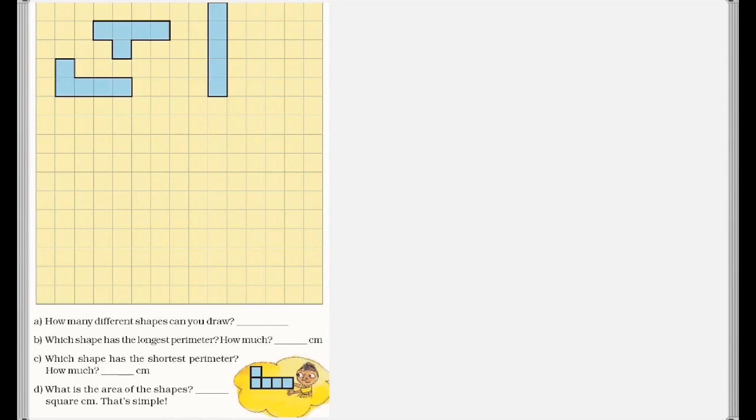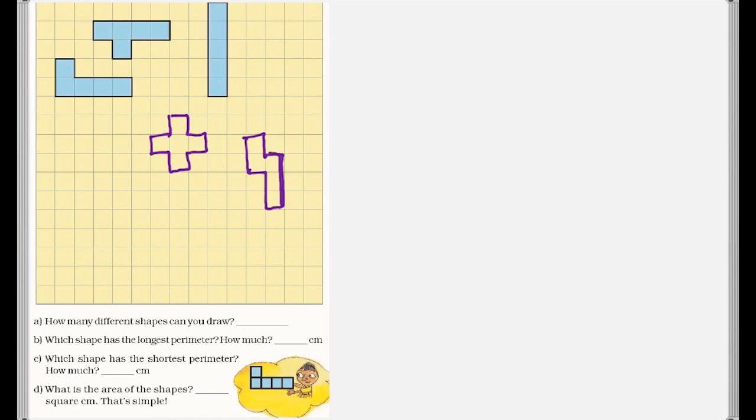So it can be either like this, or you can also draw something like this. Okay, so just try on your own and draw as many shapes with 5 squares.